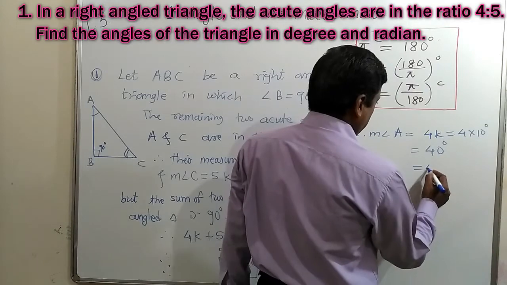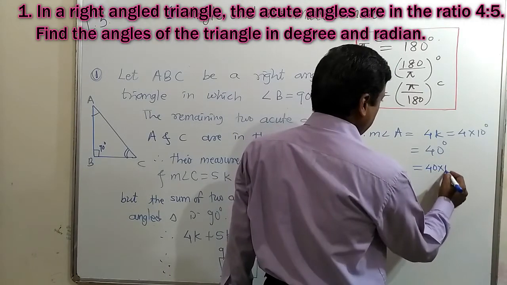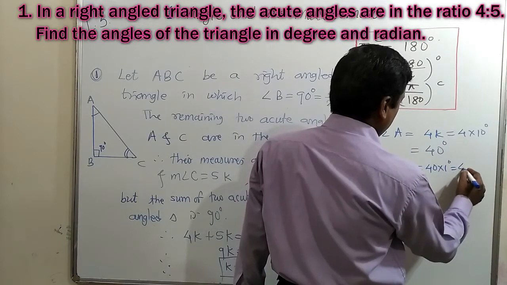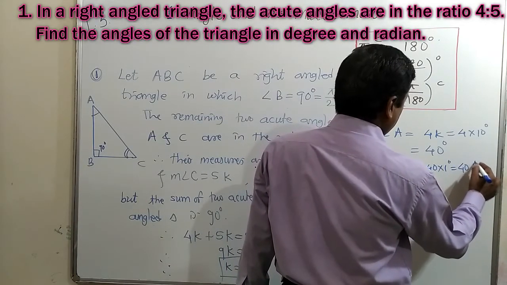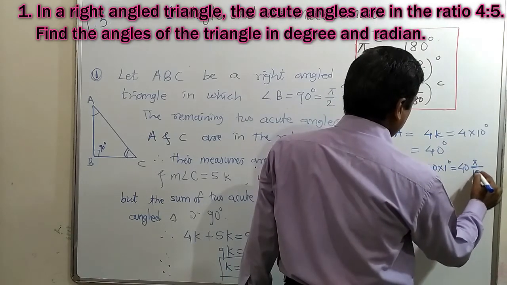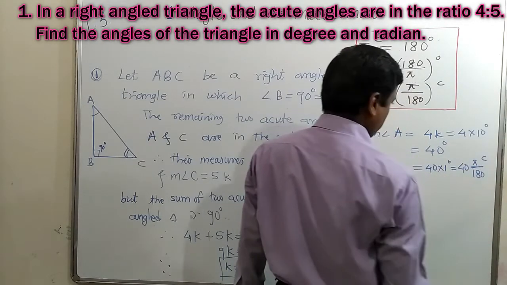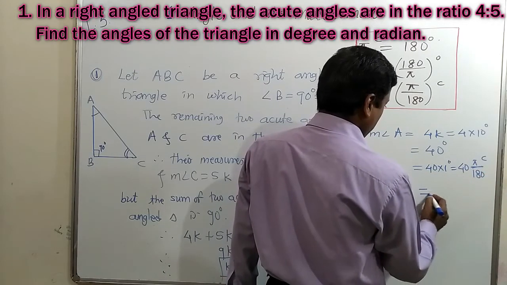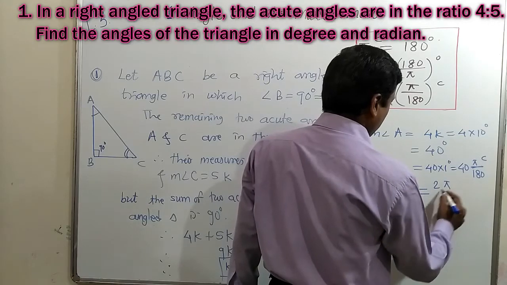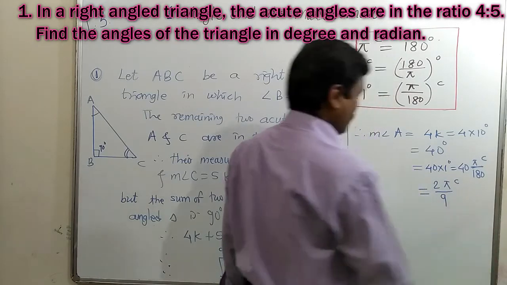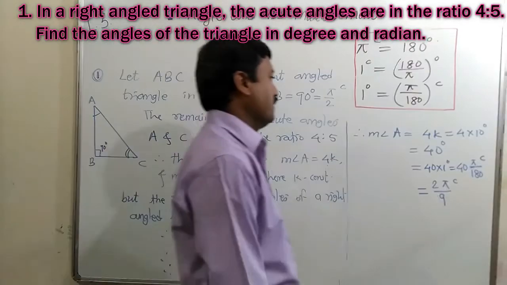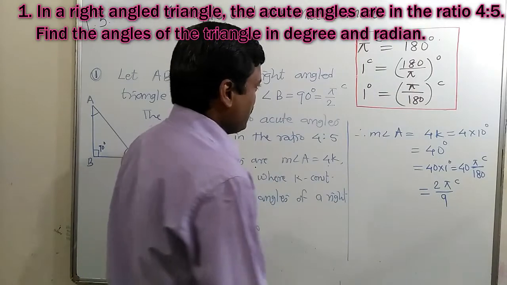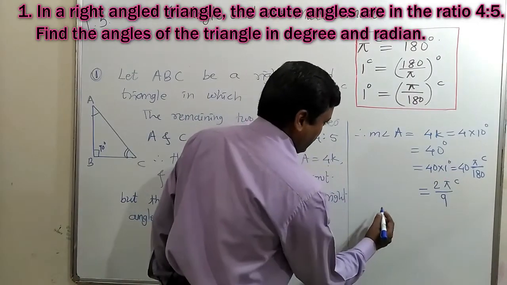So 40 degree is 40 into 1 degree, and 1 degree is pi by 180. So it is 40 into pi by 180 radian. Cancelling the zeros and dividing by 2, we get 2 pi by 9 radian. So the measure of angle A is 2 pi by 9 radian.